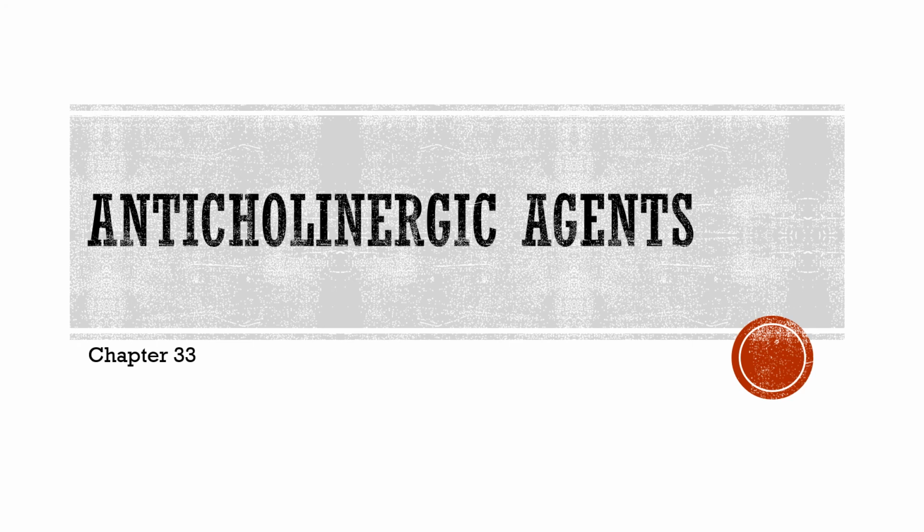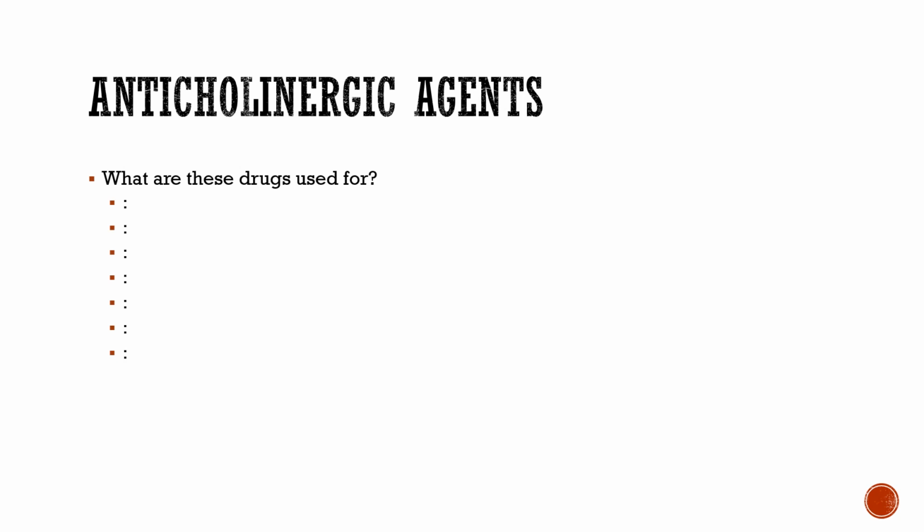Anticholinergic agents, we've really talked a lot about these already, so let's go into them a little more. The things we use these for: think about your classic anticholinergic effects. They can increase heart rate, right? So we use them for bradycardia. Dry mouth, right? That's a common side effect of anticholinergics.